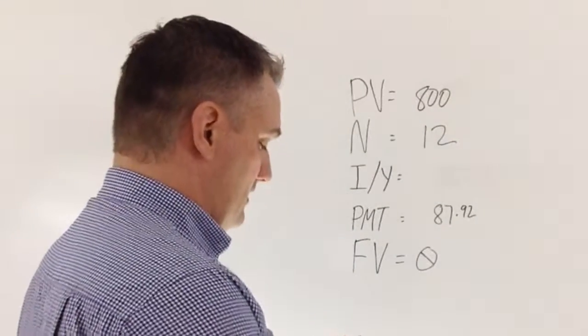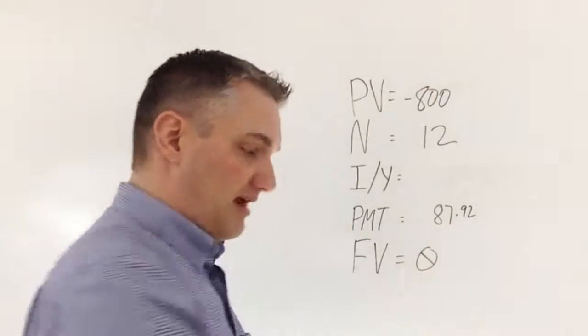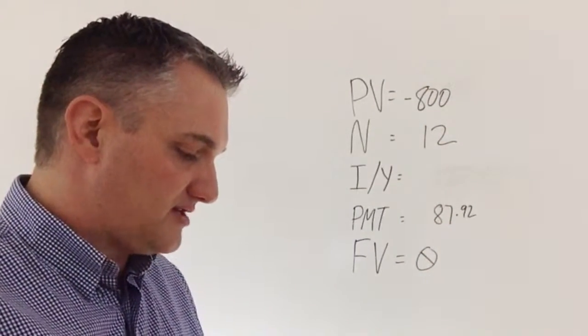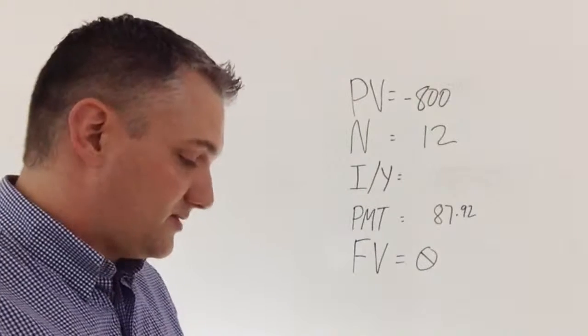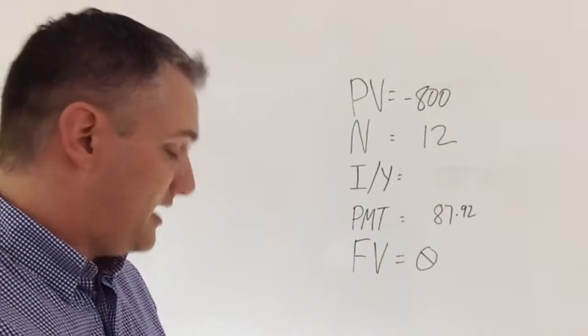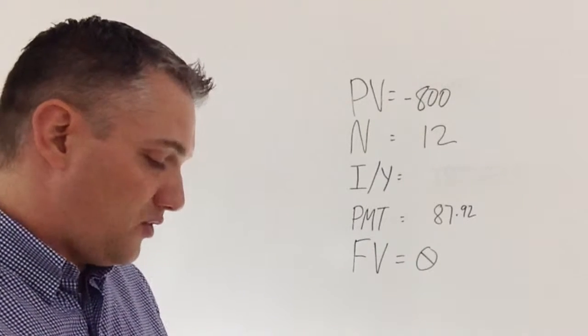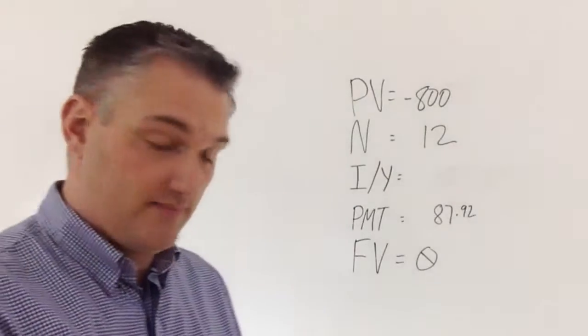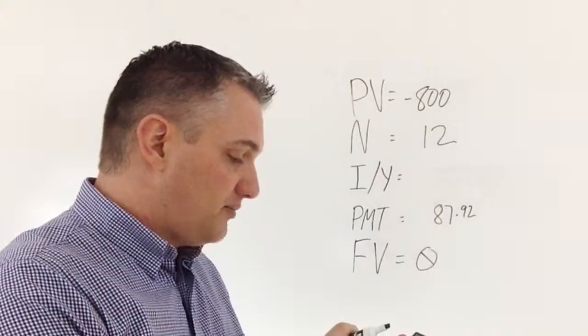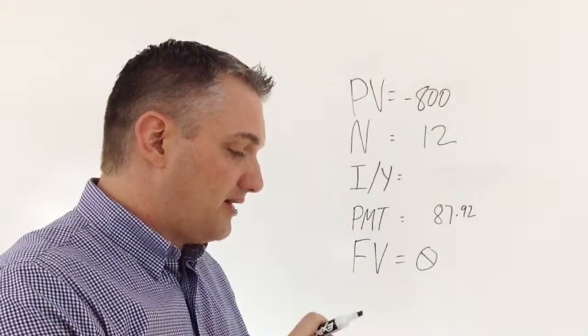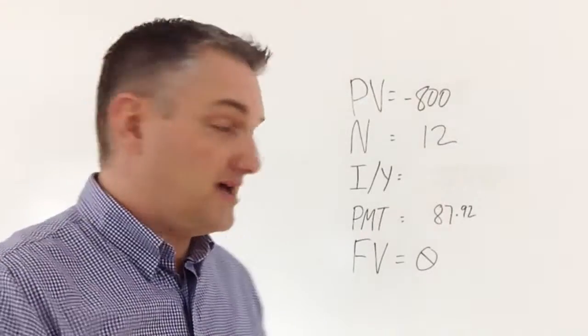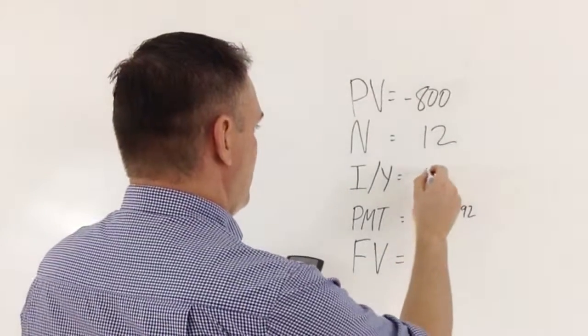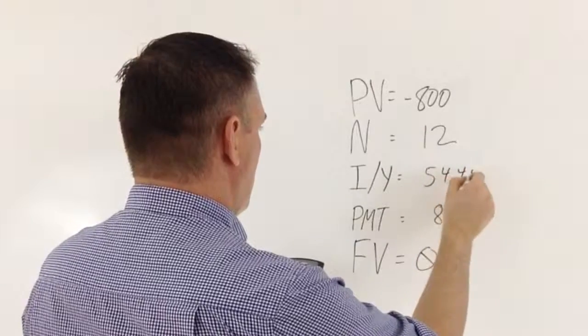Oh, that should be negative because money's leaving our hands. Is my present value. 12 is my number of periods. 87.92 is my payment. And if I compute my rate of return, 54.45%.